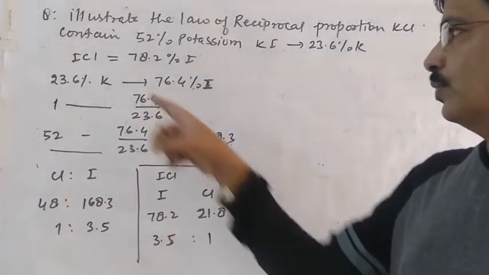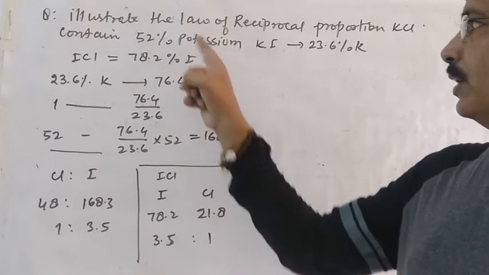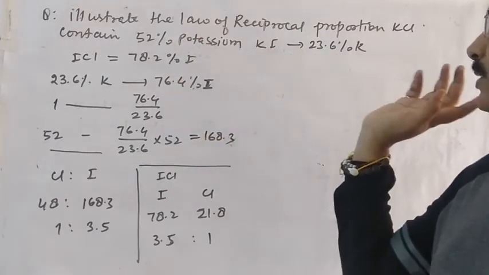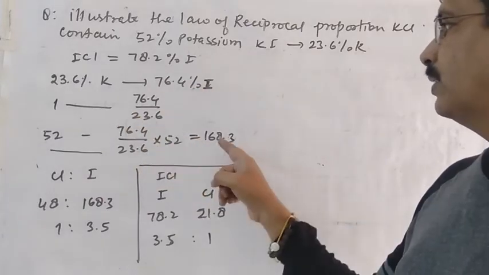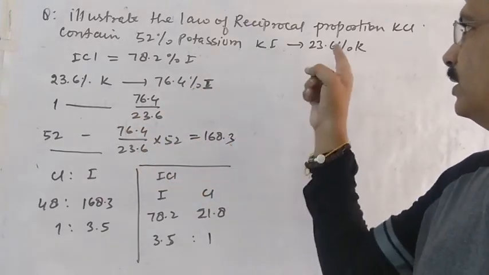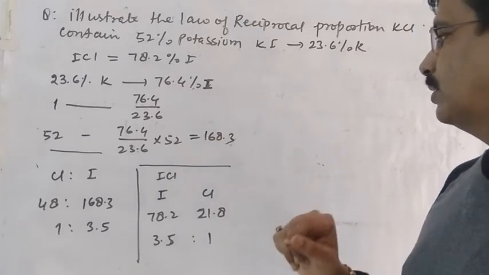Clear? And the potassium weight is the same. Here it is 52, and in the second one it is 23.6. Now in the second one, the 52% potassium reacts with how much iodine? This is 168.3.